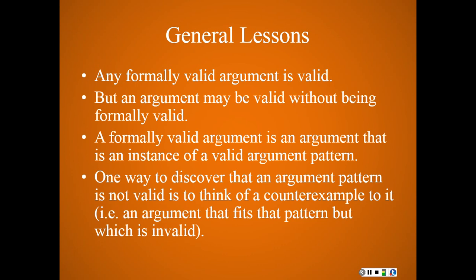And one way to discover that an argument pattern is not valid is to think of a counterexample to it. That is an argument that fits the pattern but which is not valid. That's what we did when we gave the argument concerning it's raining and the streets being wet. We showed that that was an argument that fit the argument pattern in question, but which was in fact an invalid argument.